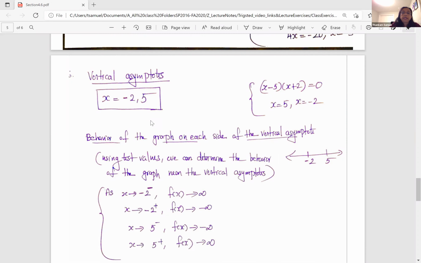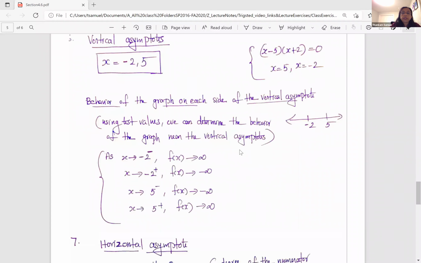Along with the vertical asymptotes, we need to check the behavior of the graph of the function on each side of the vertical asymptotes. We know that the vertical asymptotes are negative 2 and 5. This will help you to graph the function easily. Using test values, we can determine the behavior of the graph near the vertical asymptotes.